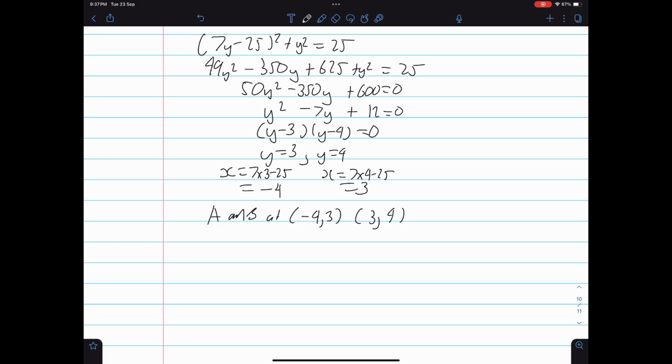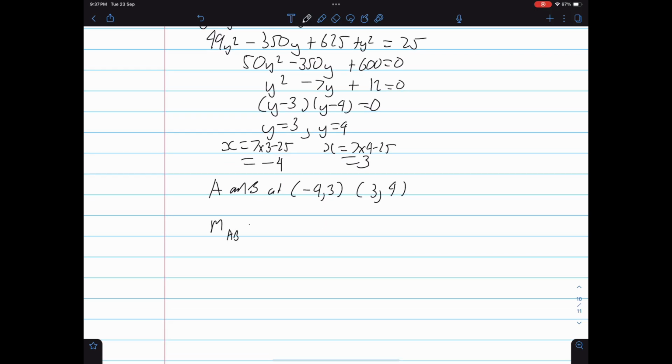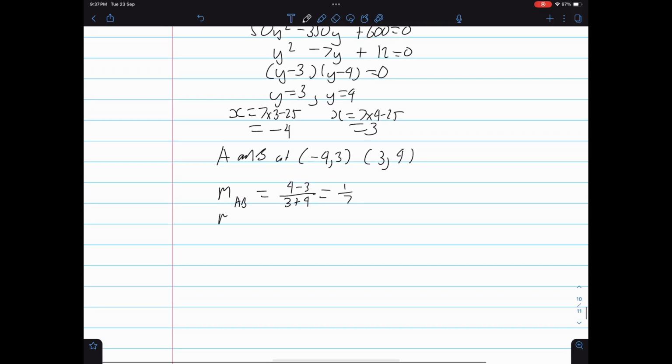And so now we can look at getting the perpendicular bisector. The gradient of AB is (4 minus 3) over (3 plus 4), which is 1/7. So the perpendicular gradient will be minus 1 divided by 1/7, which is just minus 7.